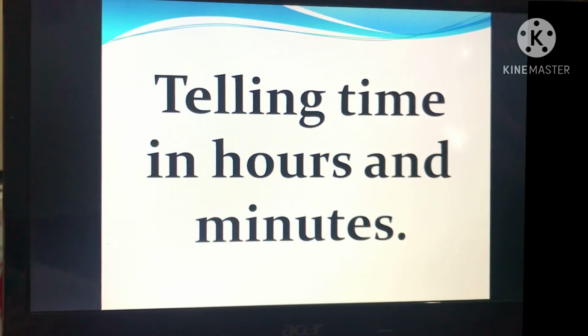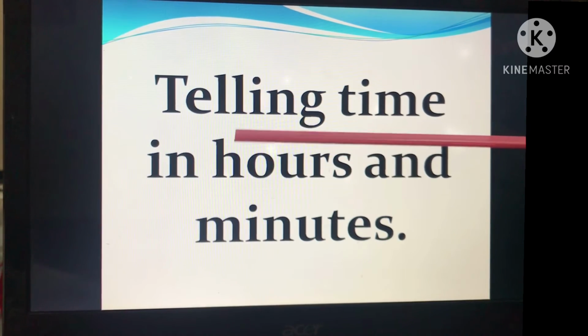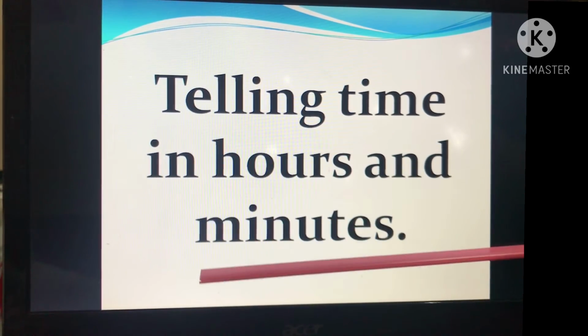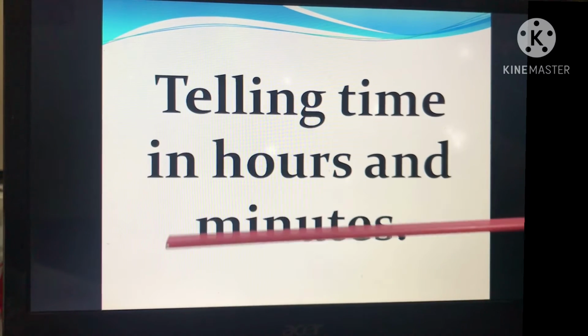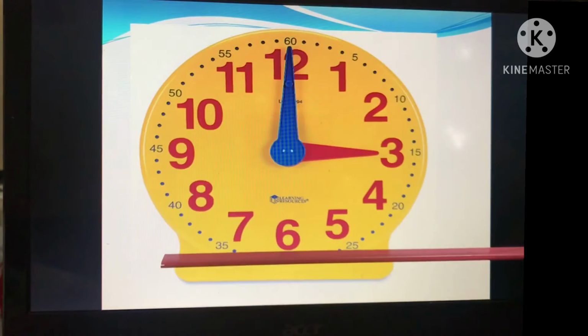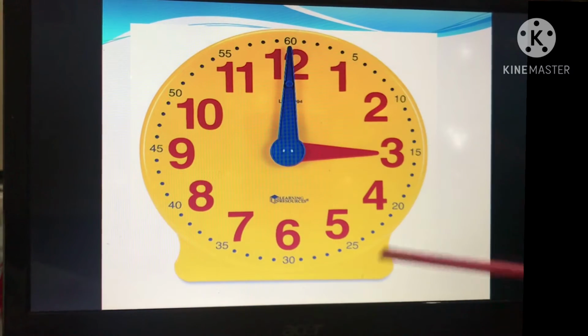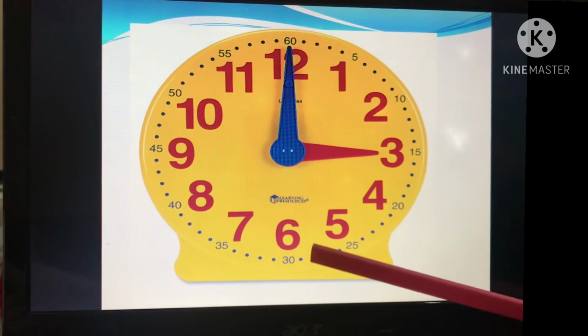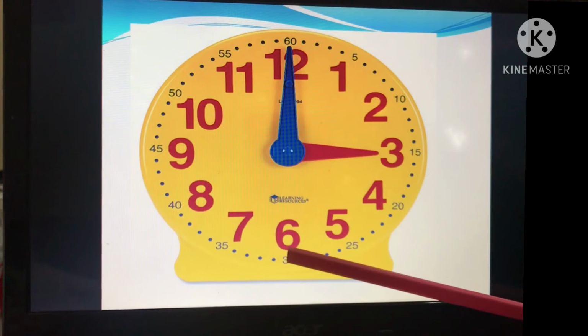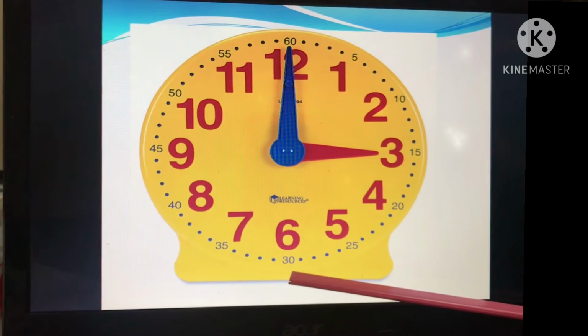Continuing with our topic, next one is telling time in hours and minutes. So we have here an example of a clock. And the question is, how do you read the two hands of the clock to tell the time?